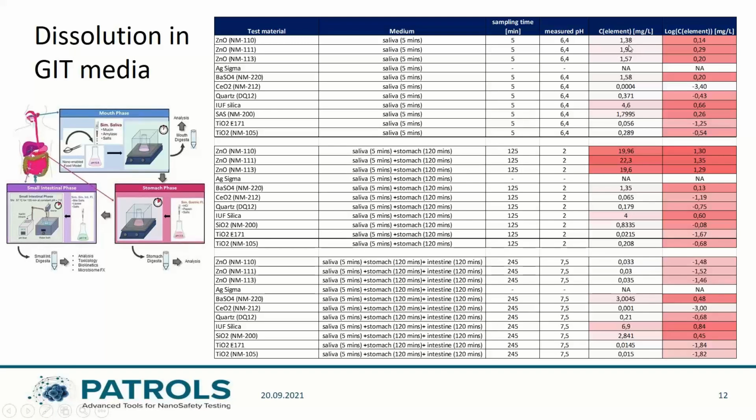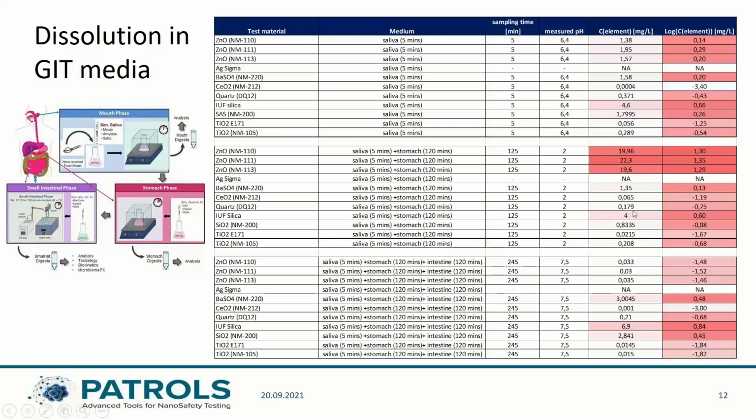Here we see zinc is dissolved already, and barium sulfate, and also the silica materials to a relatively high amount already during the first 5 minutes in saliva, and this continues then into the stomach where it's acidic conditions and the zinc oxides dissolve even more.